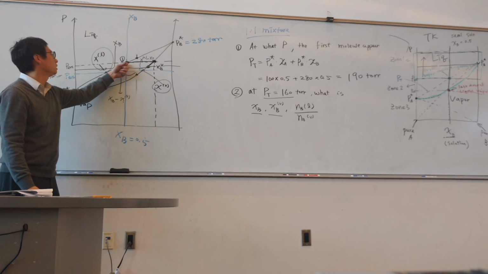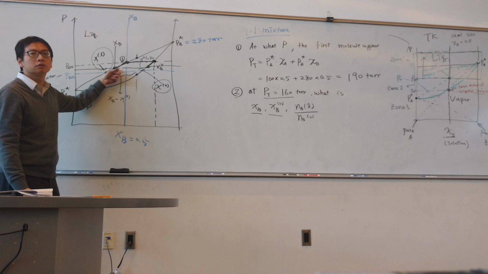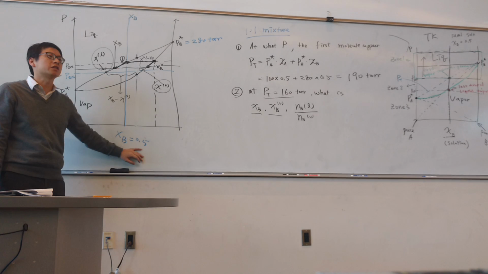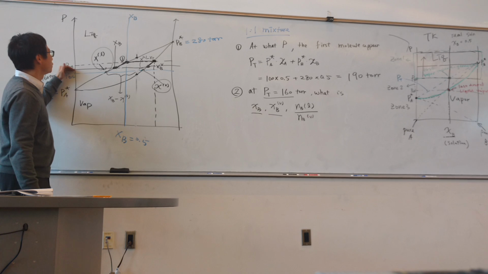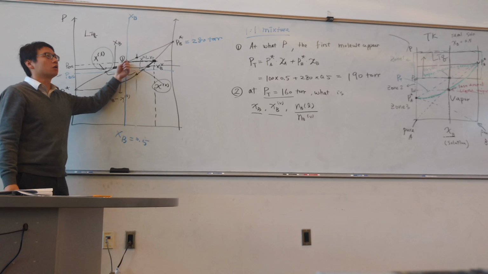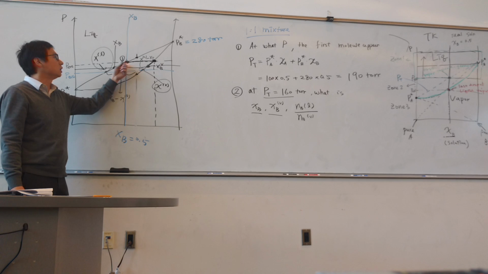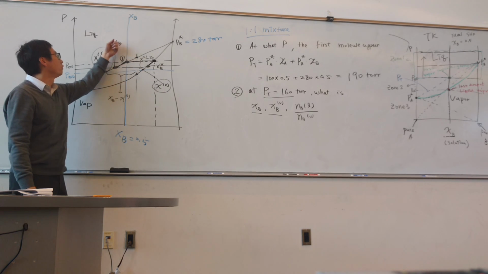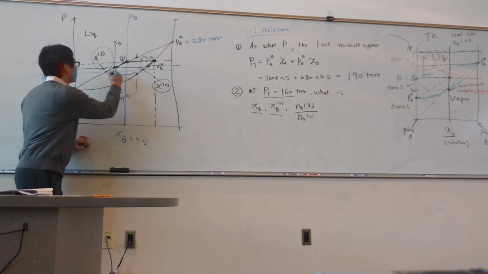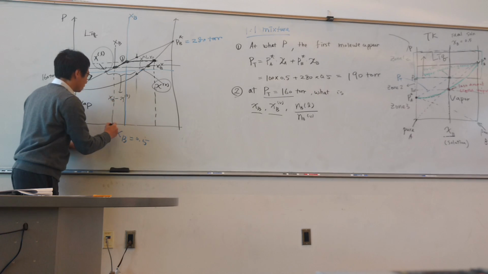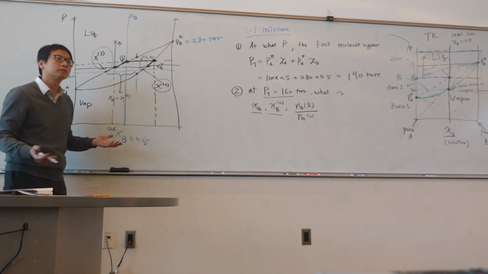That's why your XB moved to a lower number. Originally you have 50% B in your solution, but under these pressures, more B goes to the vapor form, so the fraction of B decreases. If you go to here, maybe you are hitting somewhere around 0.4.